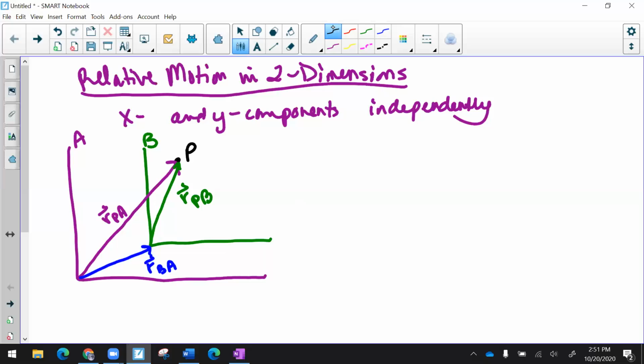Okay. So just by looking at this and knowing your knowledge of vector addition, RBA and RPB are lined up tip to tail, right?